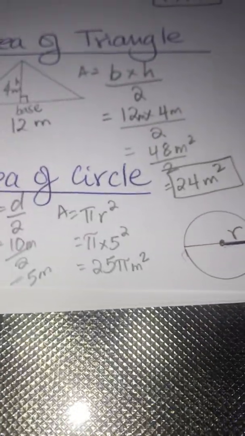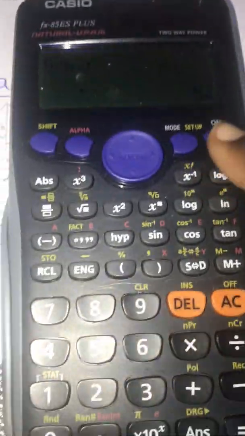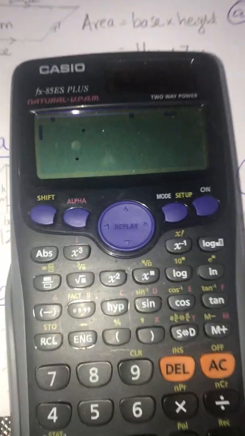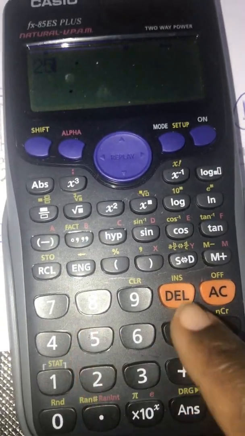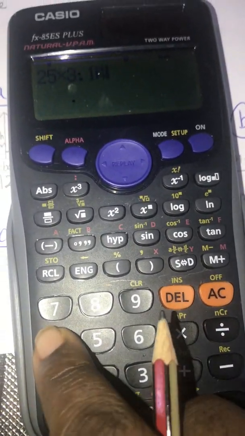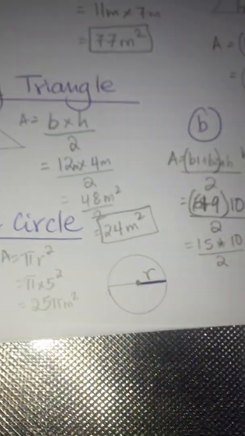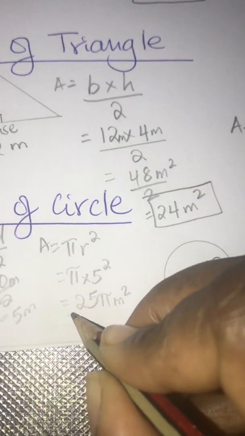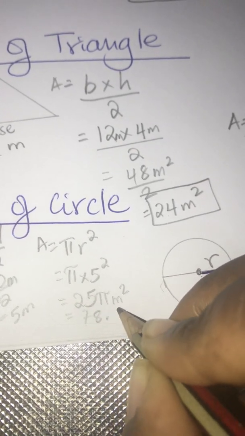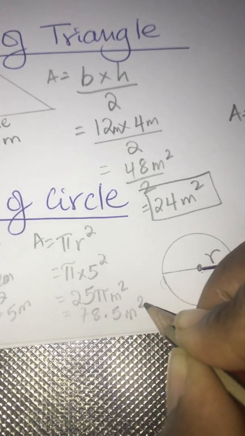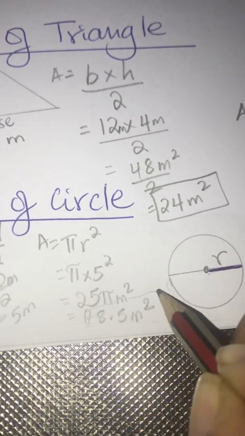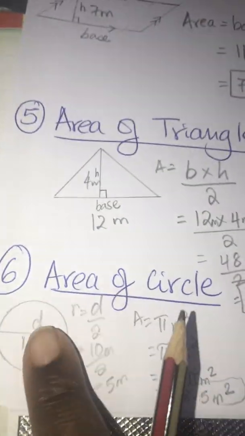And if I go in my calculator and I say pi is 3.14, so I will do 25 times 3.14. That gives me 78.5. So that will be 78.5 meters squared. So don't forget that. When the question gives you diameter, you need to find the radius first.